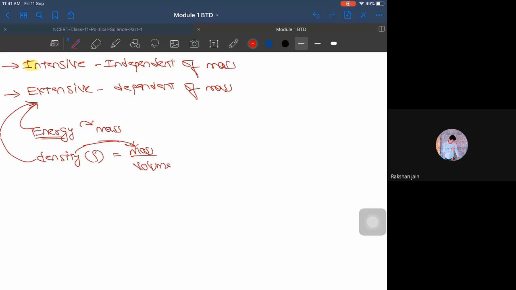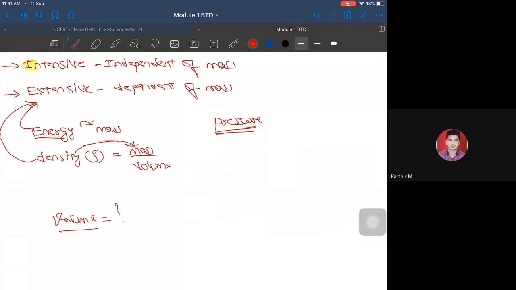For any other properties, you can try to categorize them into intensive and extensive. What about pressure? So volume. What do you categorize volume into? Is volume intensive or extensive? Intensive, sir.